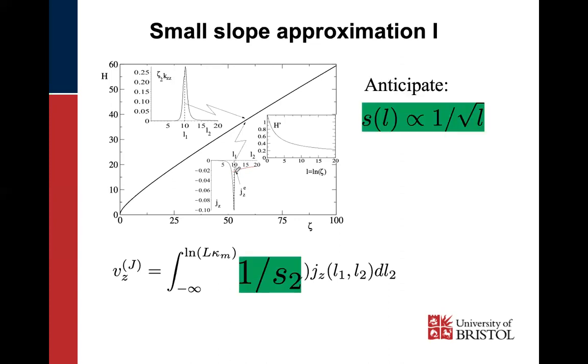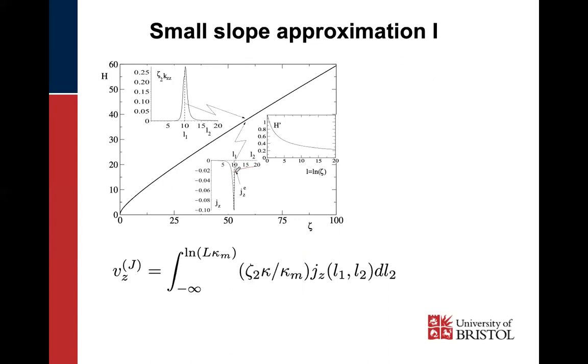Okay, so as I've said, I'll anticipate and I'll later confirm that the slope goes like 1 over the square root of L, where L is the logarithmic distance from the tip. And so I plug this into the expression here for the curvature, which to leading order, that's just the radial part of the curvature, just goes like 1 over the slope.